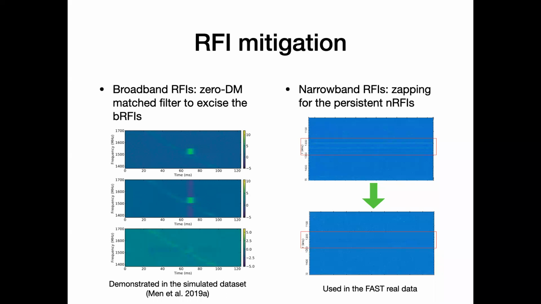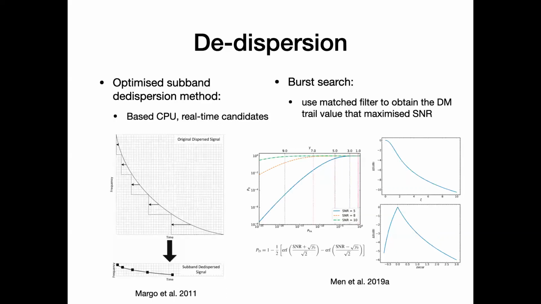For the narrowband RFI, we just flag them in the bandpass and zap them, and you can see here we zap the bandpass.